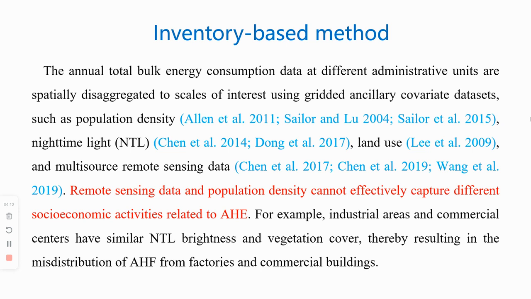For example, the industrial areas and commercial centers have similar nighttime light brightness and vegetation cover, resulting in the misdistribution of heat flux from factories and commercial buildings.